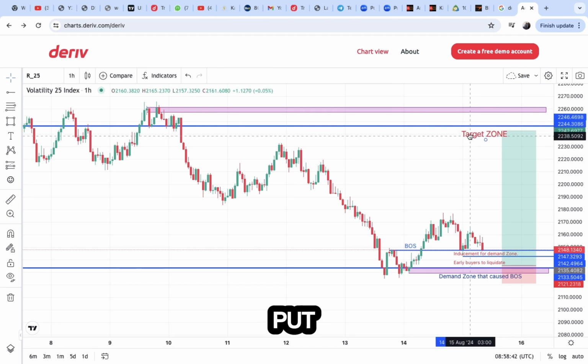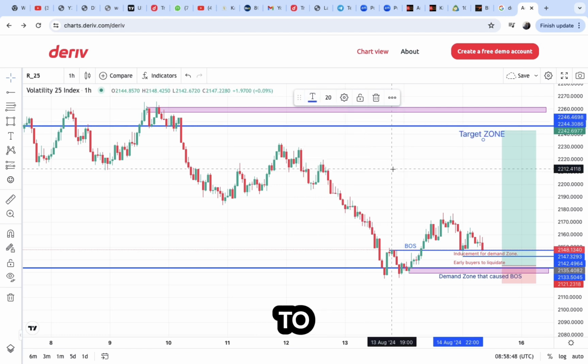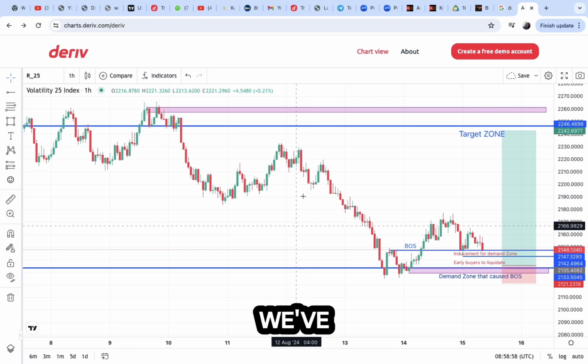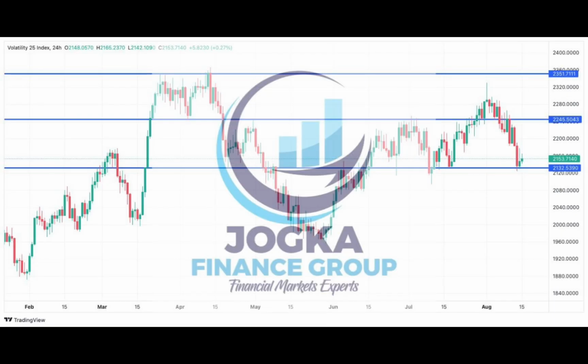Let's put it somewhere there. I think we can change the color to sky blue, or light blue, navy blue. After that, we wait for the trade to do what we've analyzed. Wait for it to come to the demand zone.